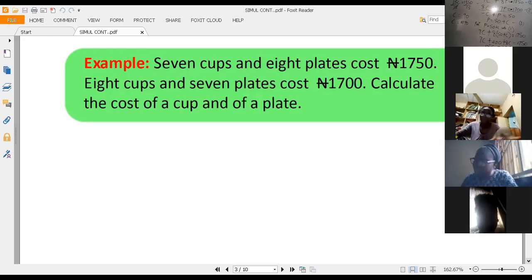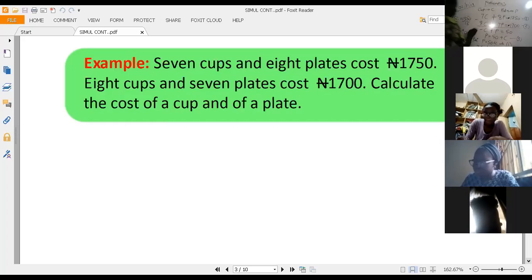Are you following? Okay. Having known the cost of one cup, if you check equation 3, there is a linear relationship between P and C. P is given as 50 plus C. Now that you have known C to be 90, what would be the value of P?